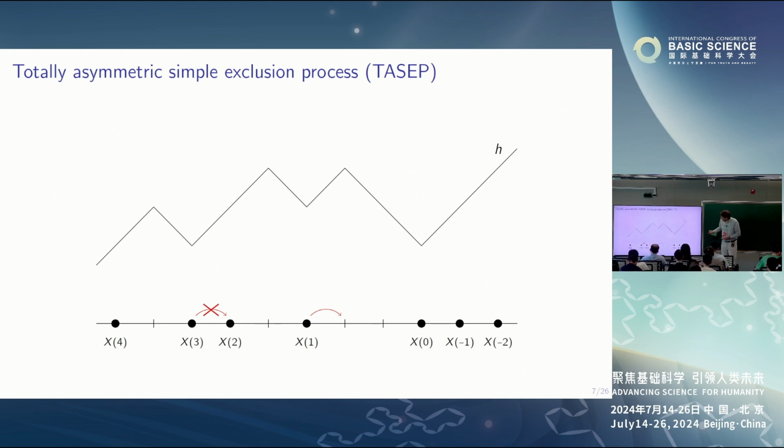And the evolution of this height function is described very easily. If one of these particles jumps to the right, then the respective local maximum of the height function h turns to a local minimum. In other words, the height function moves down so that local maxima of the height function independently turn to local minima.